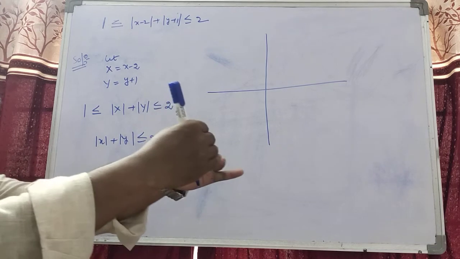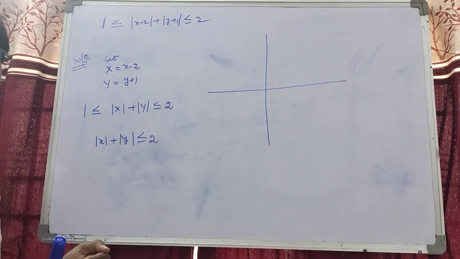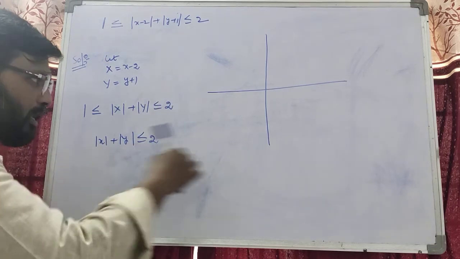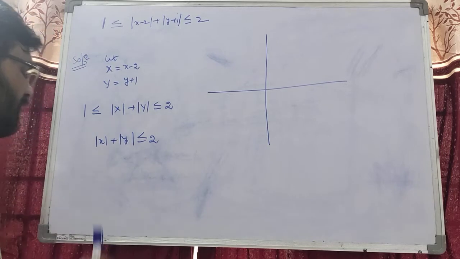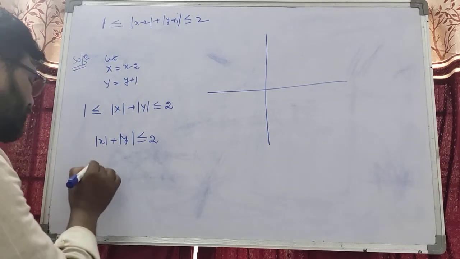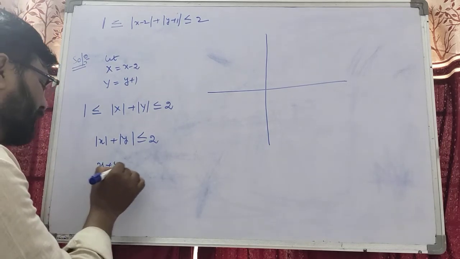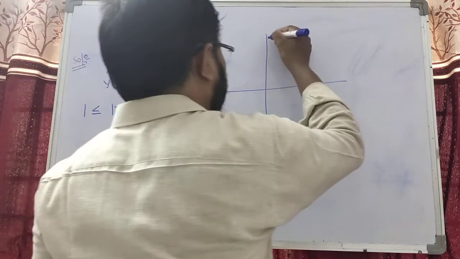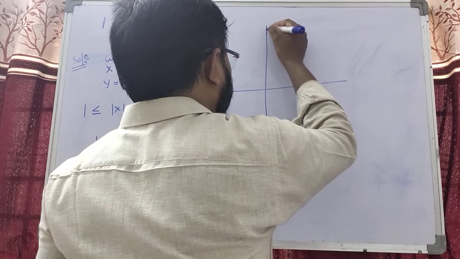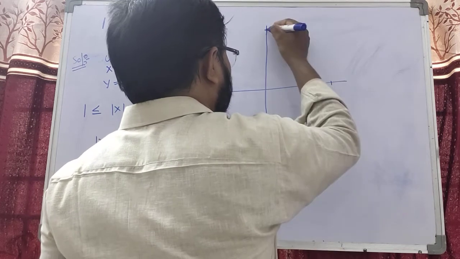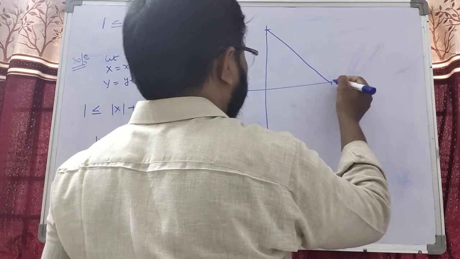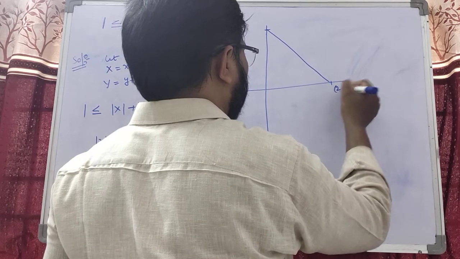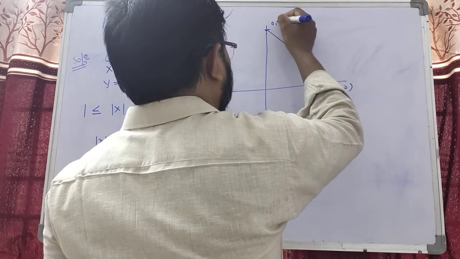Therefore, the region will come on the origin side. First take x plus y equal to 2. This is the line, with points (2, 0) and (0, 2).